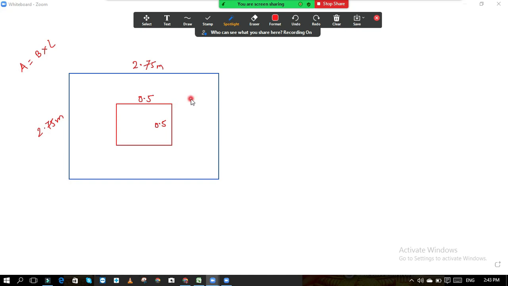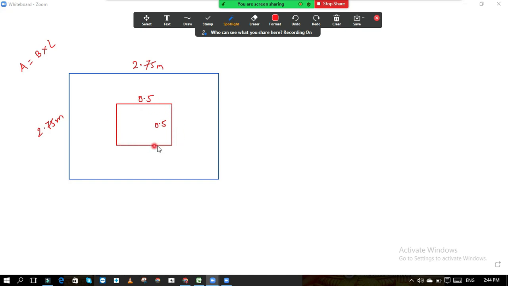So what is our job now? We need to design the depth of the footing in such a way that this punching action of the column gets resisted.